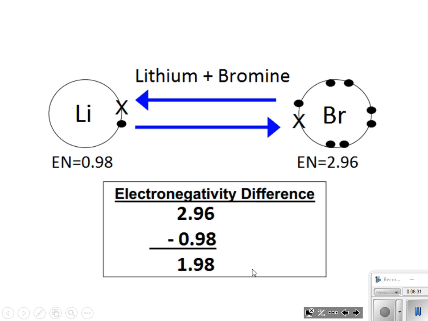So what type of bonding do I have here? Ionic. This is an ionic bond. So that bromine will pull that one lithium electron over here to fill its octet. So that is a transfer. That electron is transferred from lithium to bromine.